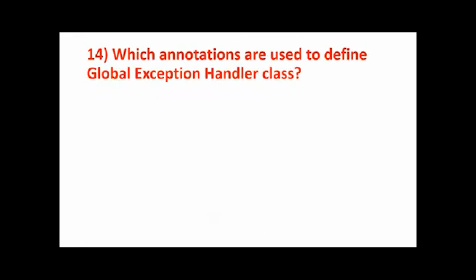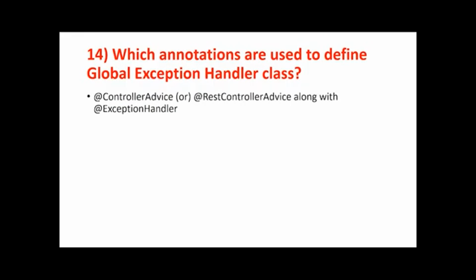Which annotations are used to define a global exception handler class? Here we use @ControllerAdvice or @RestControllerAdvice along with @ExceptionHandler. Generally we can use try-catch blocks, but in case repeated try-catch blocks are there, I want to define the common handling for all these exceptions in one place, so that I will have generic exception handling code. If you're using Web MVC, @ControllerAdvice.